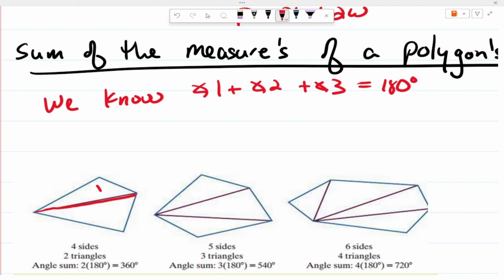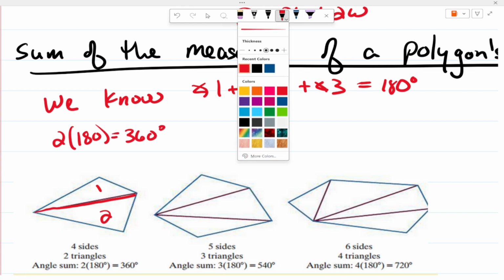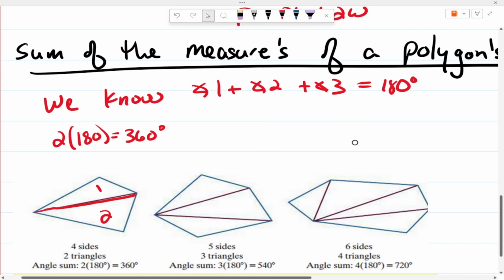So here's the first triangle, here's the second triangle. So therefore, the angle sum is going to be 2 times 180, which is 360 degrees. I'm going to make my marker here a little bit smaller. But here's where you can take this and maybe you can start to develop a pattern.